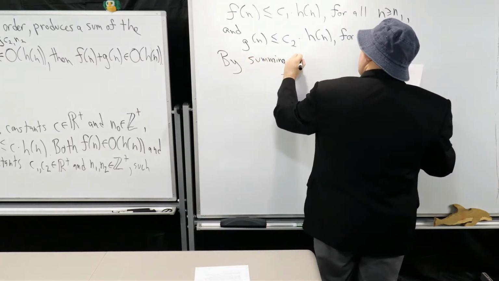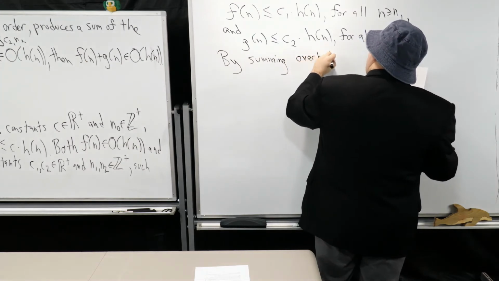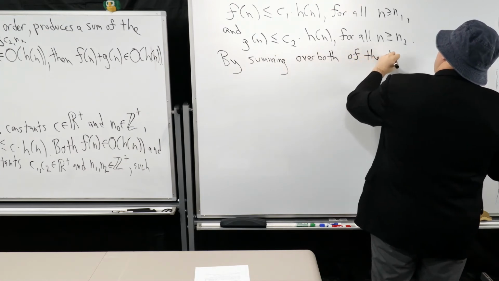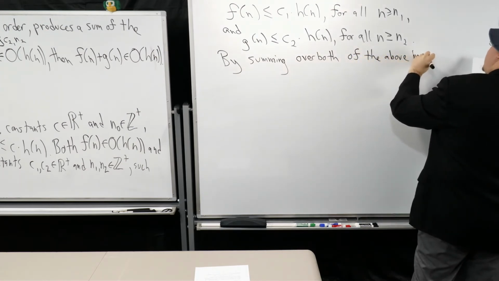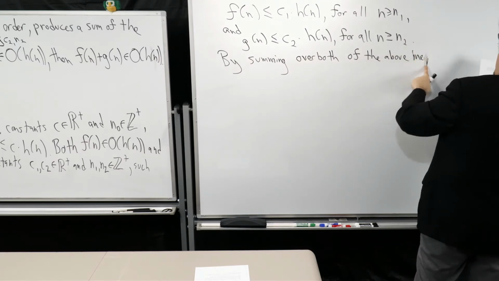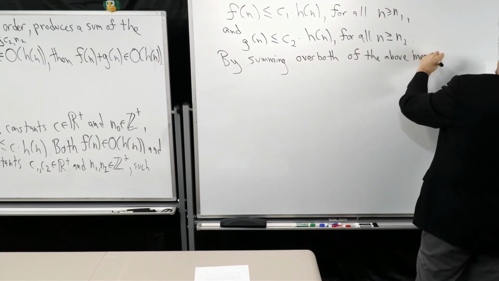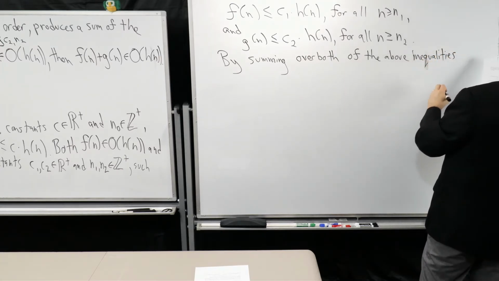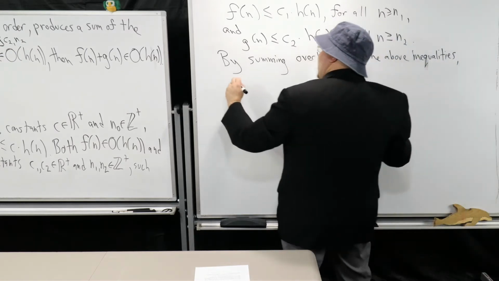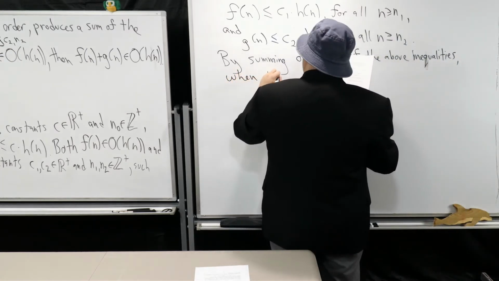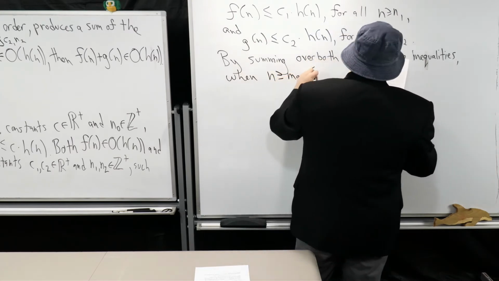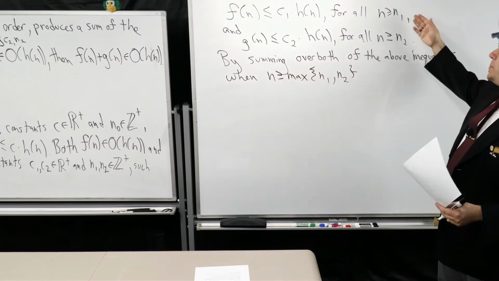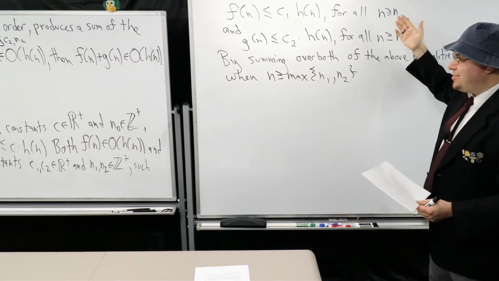By summing over both of the above inequalities, when n is greater or equal to the max of n1 and n2, because I want to make sure that I don't make a statement about n that's too small.